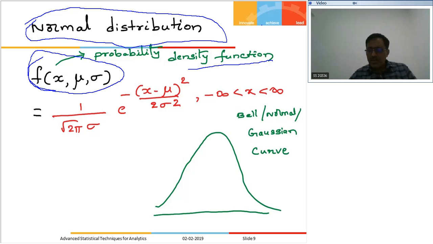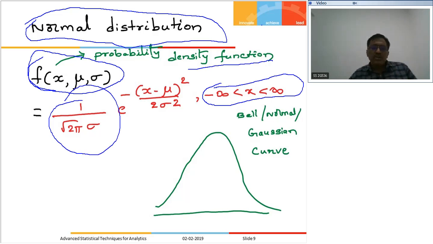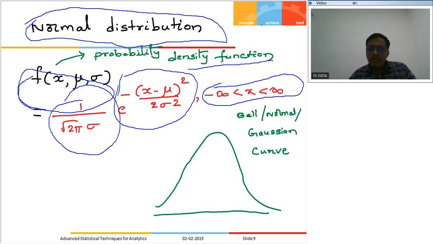If a random variable is continuous, takes values from minus infinity to infinity, and has this f of x defined by this lengthy expression, 1 by sigma root 2 pi, e power minus (x minus mu) whole square by 2 sigma square, then we say it follows the normal distribution.